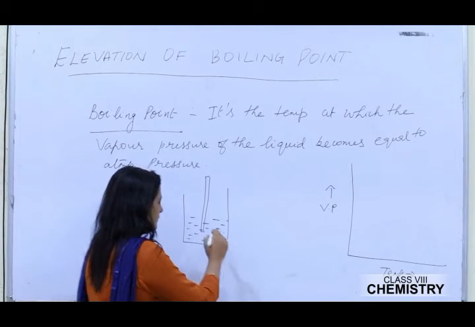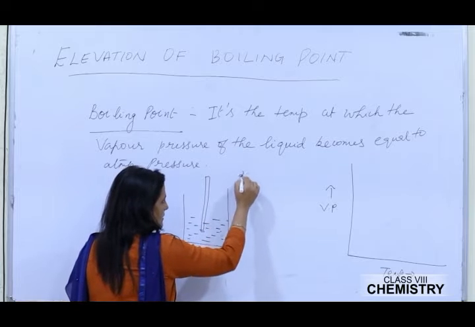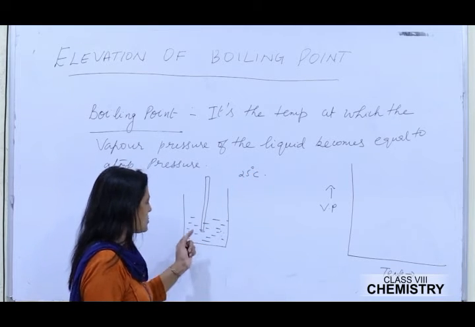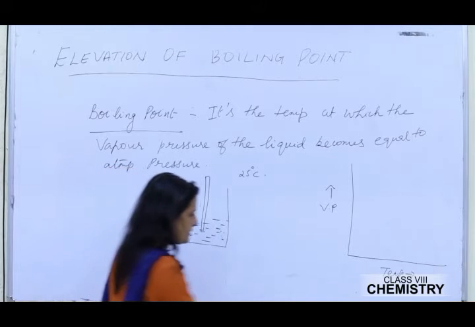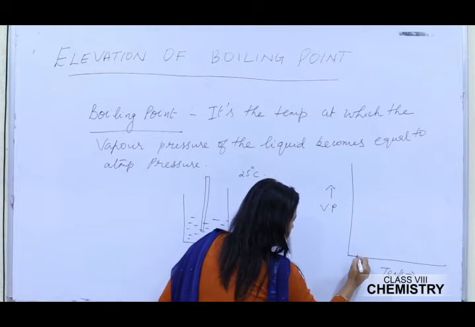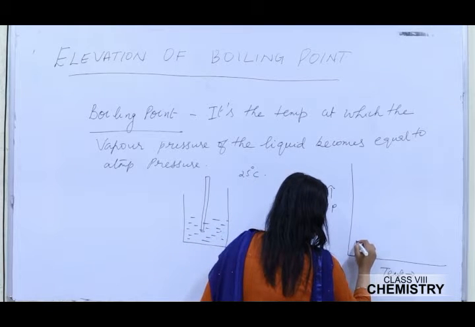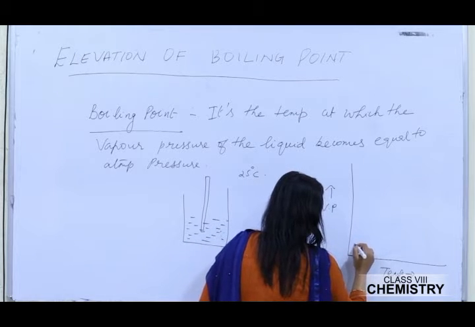Now when the temperature is 25 degrees C, that is at room temperature, the vapor pressure of water will be very less. Suppose this is 25 degrees C, and we imagine the vapor pressure is somewhere here. It's less.